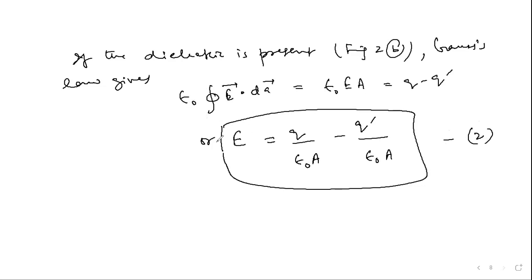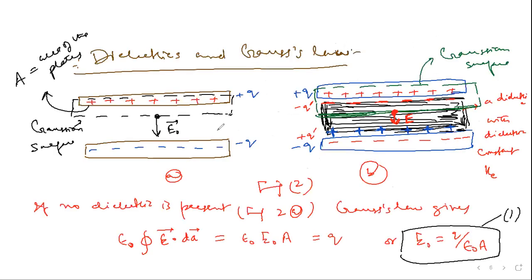Here we apply Gauss's law. Epsilon naught times closed integral E dot dA will be epsilon naught EA, not E naught, because the electric field at the surface of the Gaussian surface is E, not E naught.